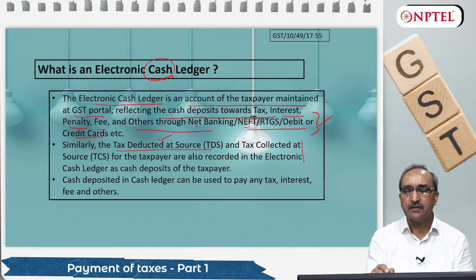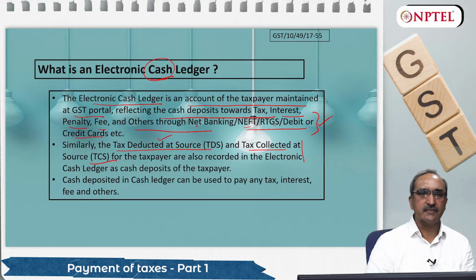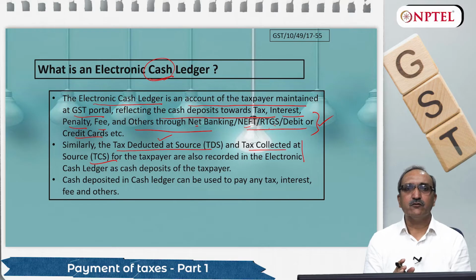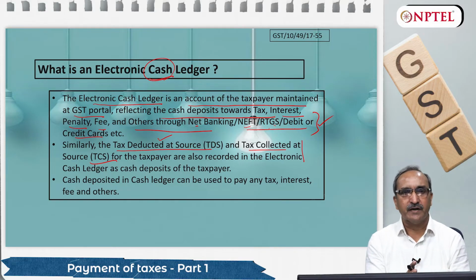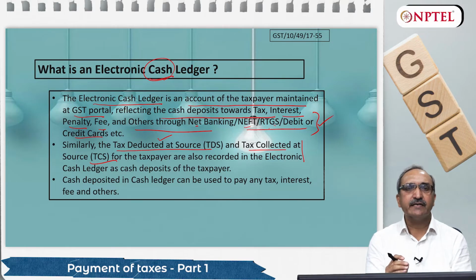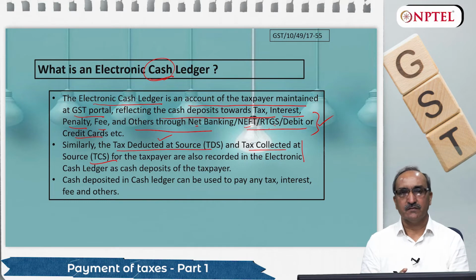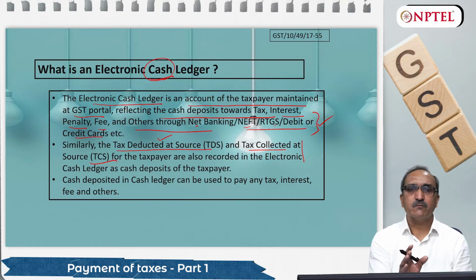So any TDS or TCS deducted by your buyer while releasing payment to you for supply of goods made by you, they will deposit it to the government at the GST portal, and from there it will come to your cash ledger.